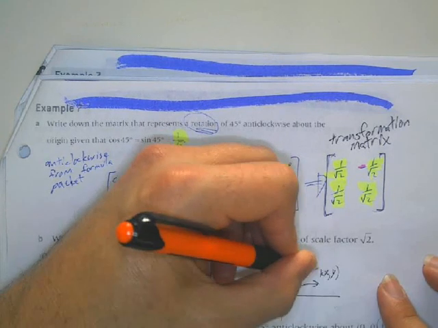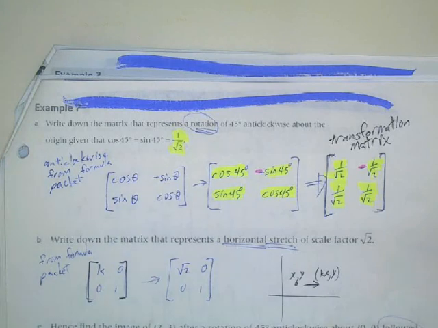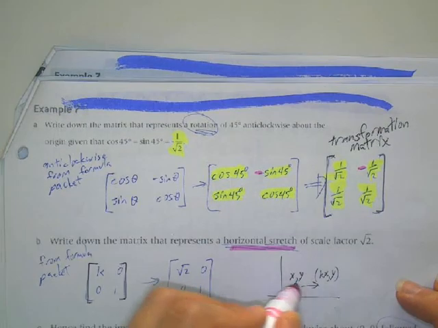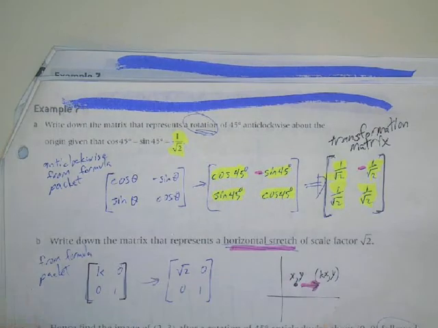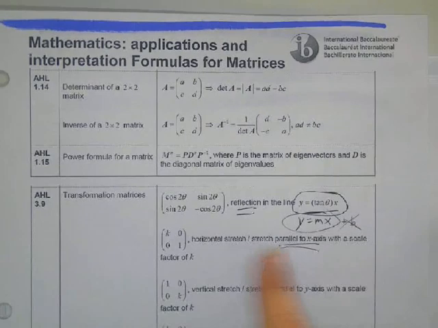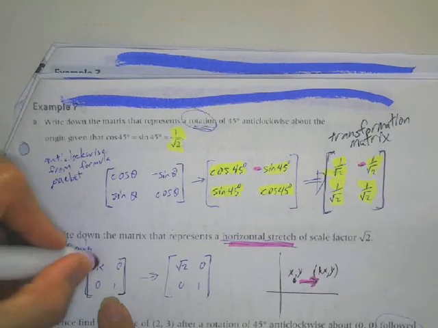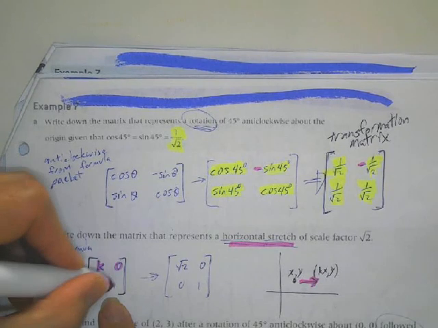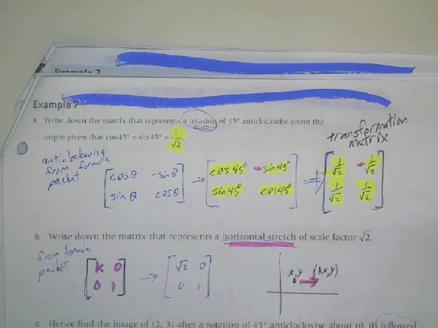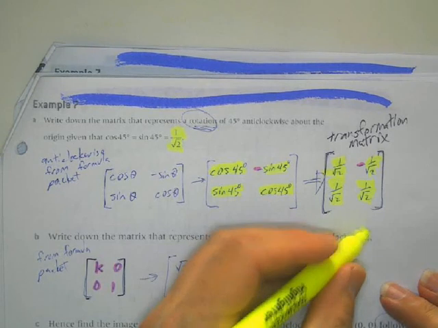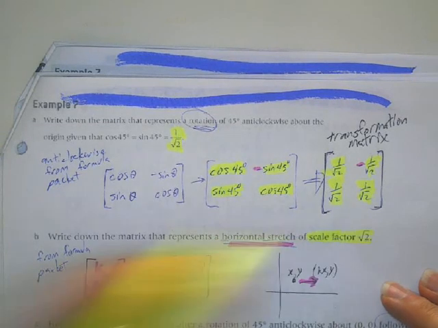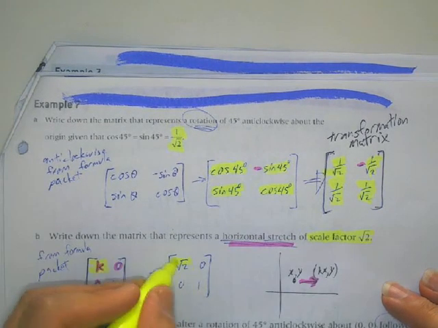And so to have this horizontal stretch, I'm going to have to go to here. And from the formula packet, the horizontal stretch is k, 0, 0, 1. And since we're doing a scale factor of 2, that means k is equal to radical 2.